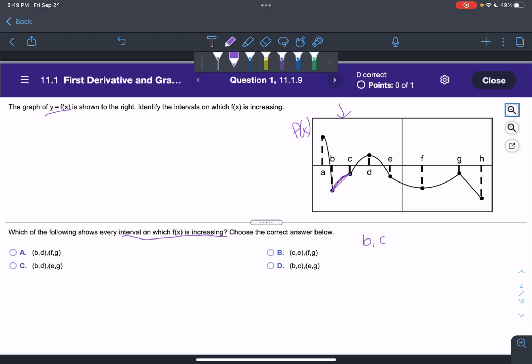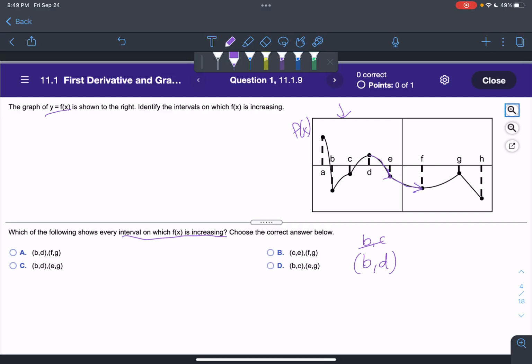All right, let's see what else. If we continue on to D, that's also increasing. So perhaps our new interval is from B to D. Now let's look at D to E. Again, if we go from left to right, it looks like we're decreasing. It's trending downwards. And same if we continue on to F, we're still moving downwards.